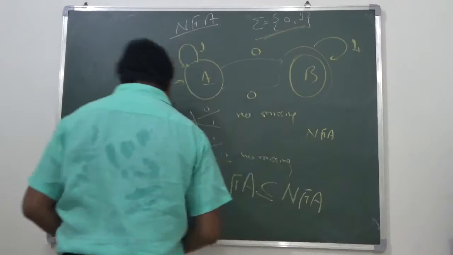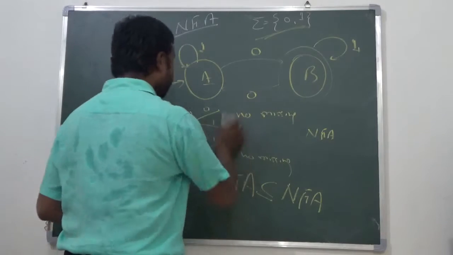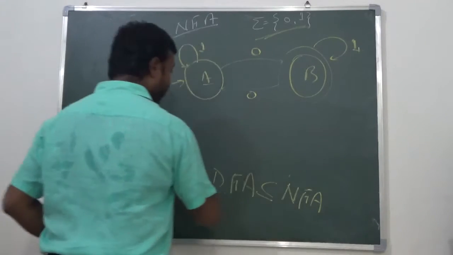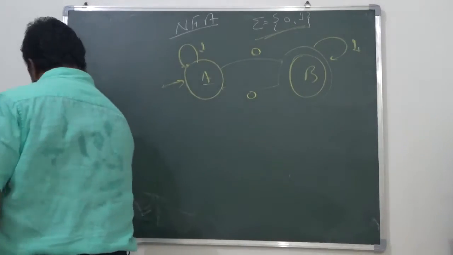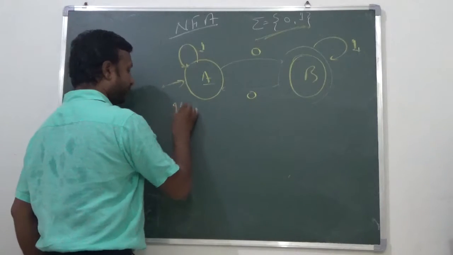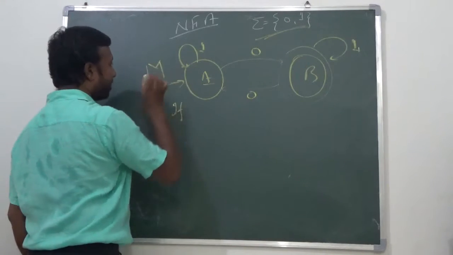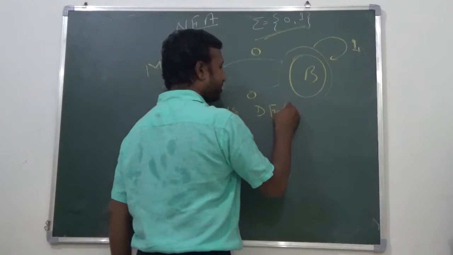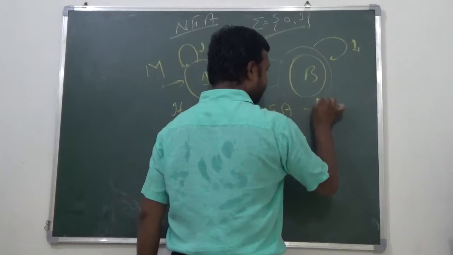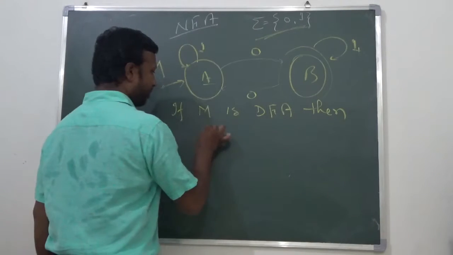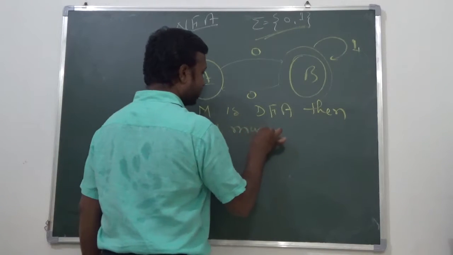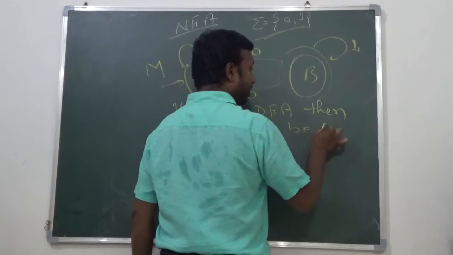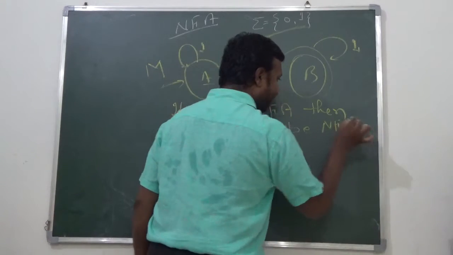So if this machine, say M, is a DFA, deterministic finite automata, then M must be an NFA also.